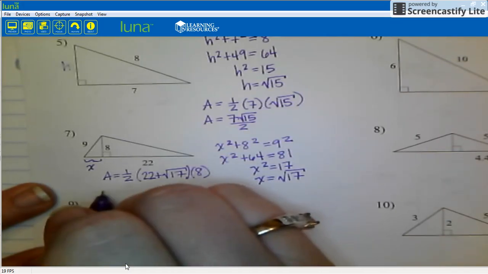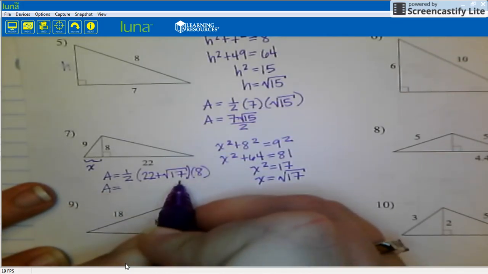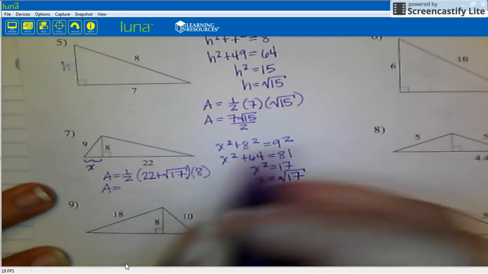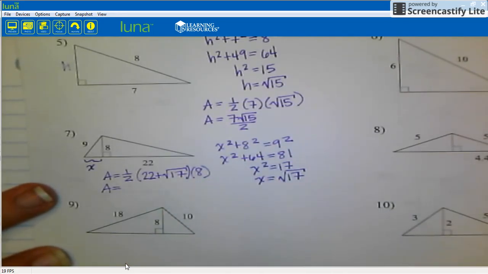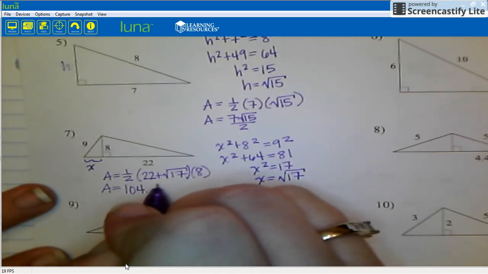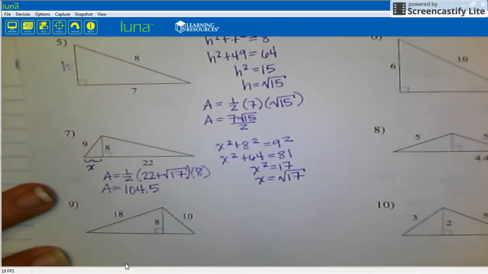So this is going to give me 22 plus the square root of 17 is about 26.1. And then we multiply that by 4 because that's half of 8. So this is going to give me 104.5 for my area.